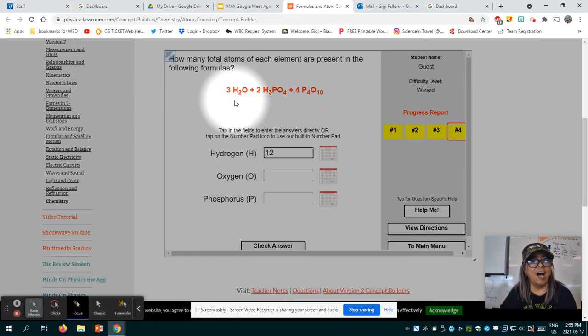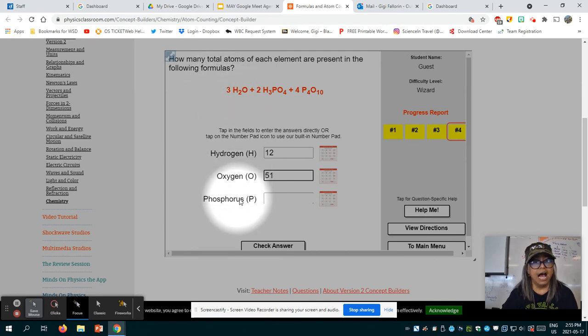Sometimes some memory would fade and I will not be able to remember things right. Okay, so here, oxygen. So we said it's a 3 plus. Oh, how about this one? 4 times 2, we said is an 8. 3 plus 8. How about this one? You have a 10, but there's a 4 outside. So 10 times 4 would be a 40 plus 40. So I have here a 51. So a large number of atoms for oxygen here. Phosphorus, the P. Do I have a P here?